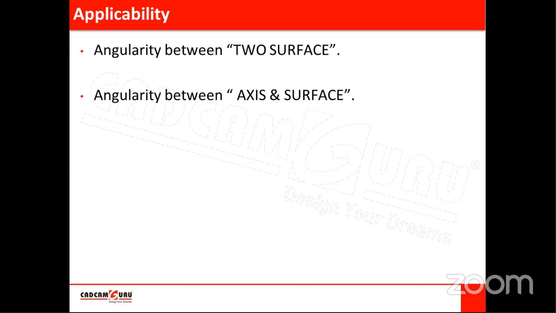Actually, perpendicularity is a special case of angularity. Means we can check a 90-degree angle with angularity also. But not many components in mechanical engineering are having perpendicular orientation. Means most of the components you will find, they are having a 90-degree angle.